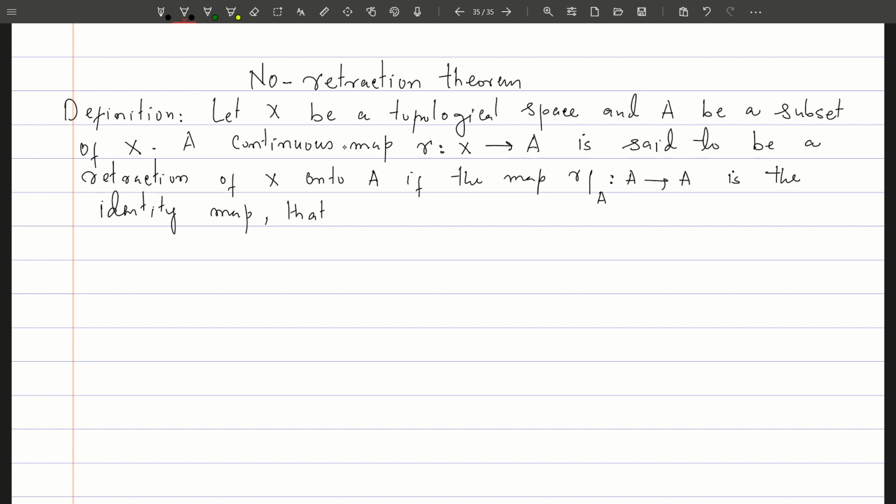That is, this restriction map is same as the identity map on A.